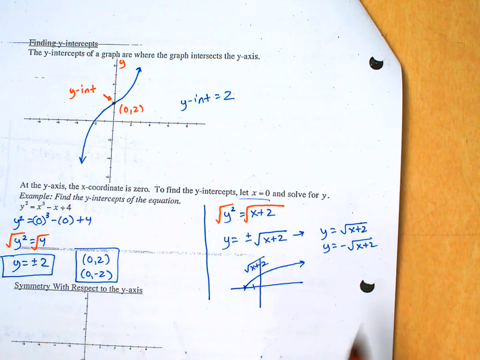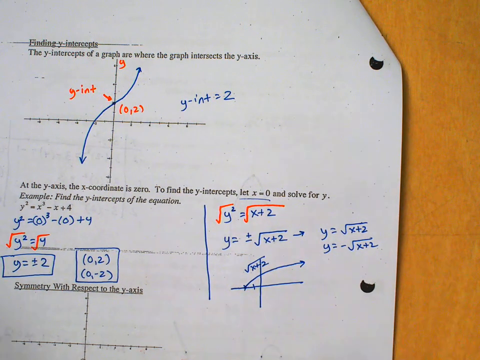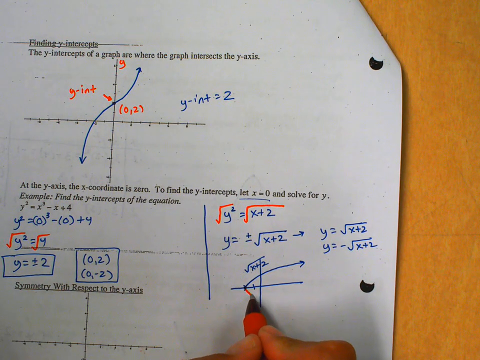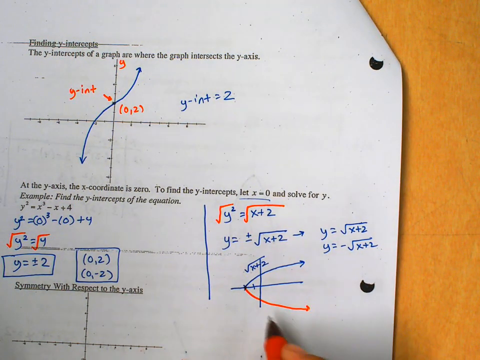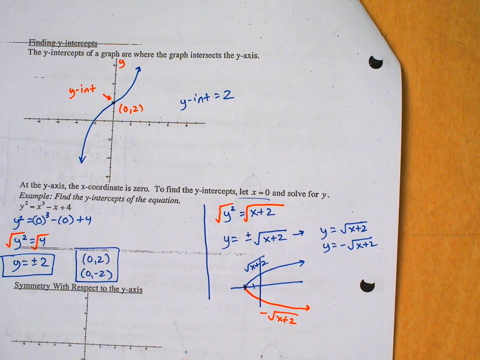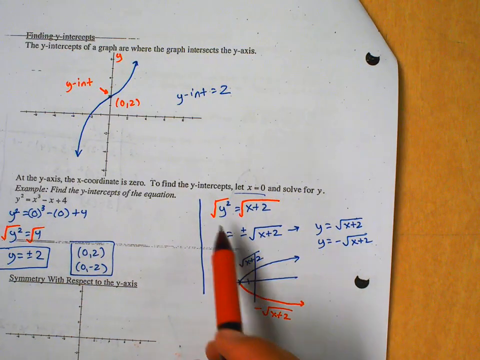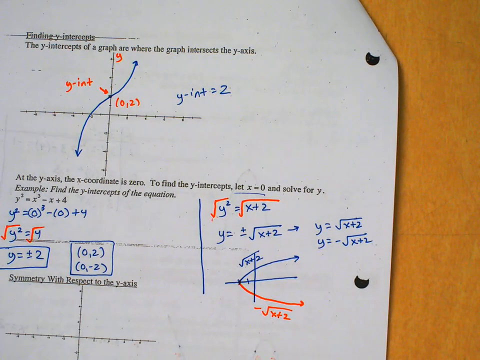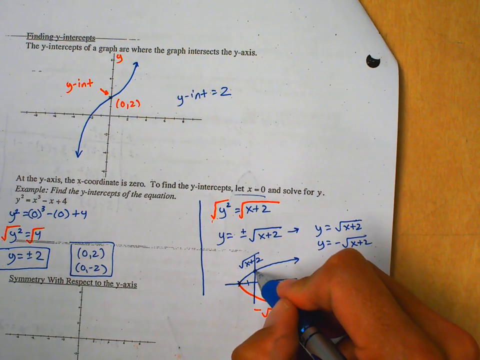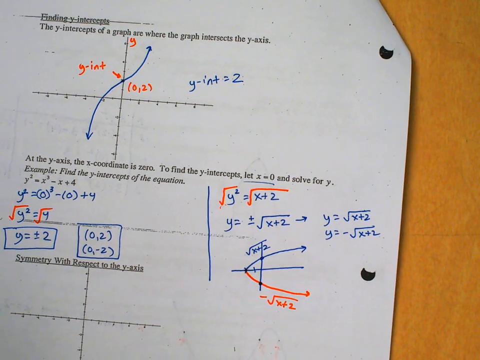Well, the negative reflects over the x-axis. The negative on front here is a reflection over the x-axis. And so that piece is right here. That's negative square root of x plus 2. So there you see, we have this graph. And you'll notice it does have two y-intercepts here, right there and right there. All right, so that's kind of how that became possible. Hope that helps.